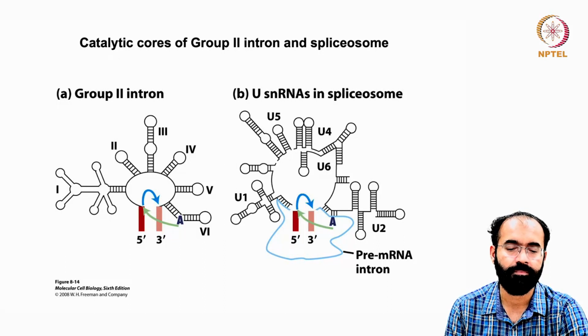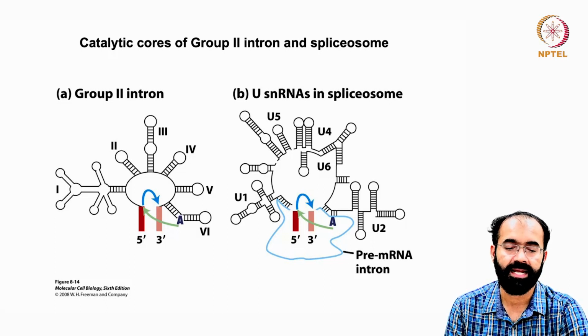Like you can see here, there is one exon, another exon, and you have the arm 1, 2, 3, 4, 5, 6. Same way you have multiple arms, which is more or less the same when it comes to the splicing.